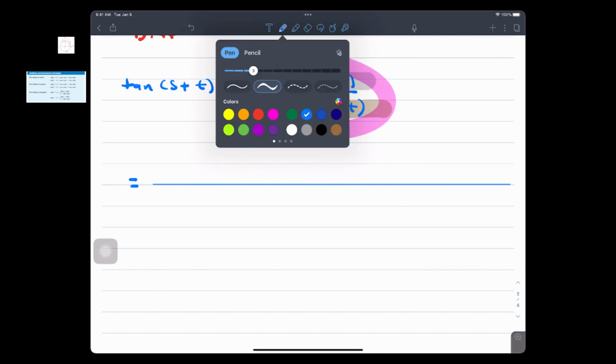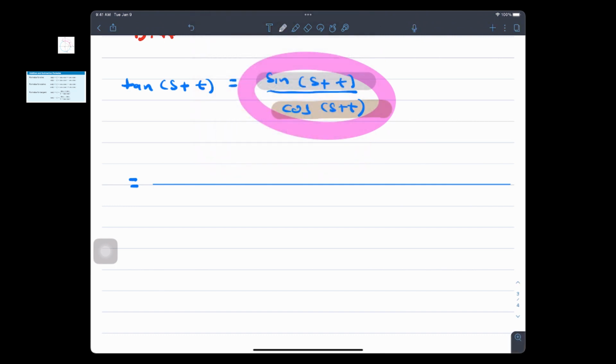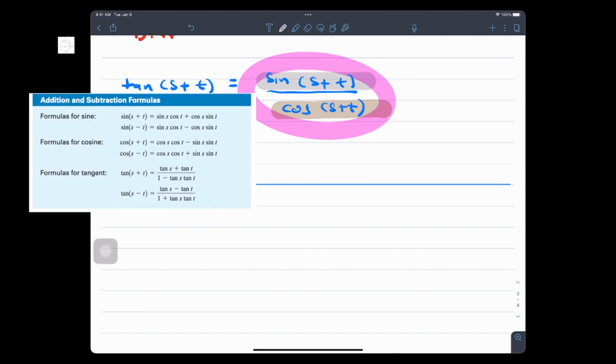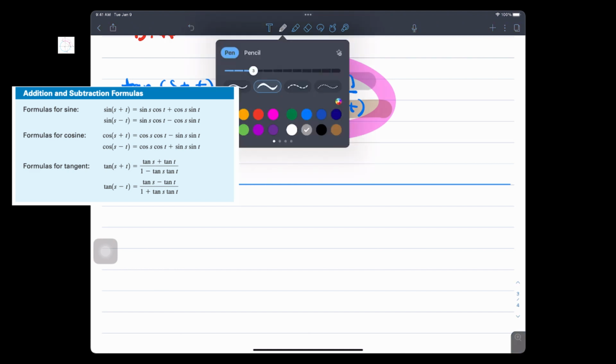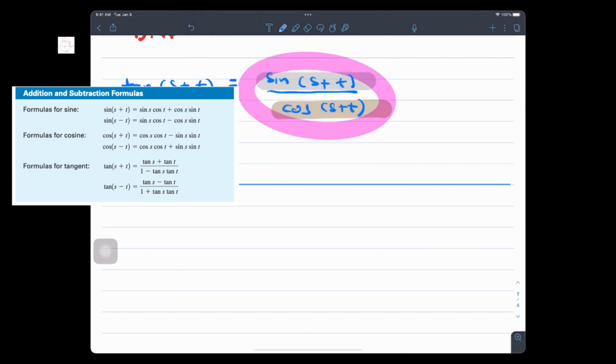So in gray, you just use the sum formula for sine. You say, which sum formula? This one right here. In gray. So that is going to be sine s cosine t, plus cosine s sine t.